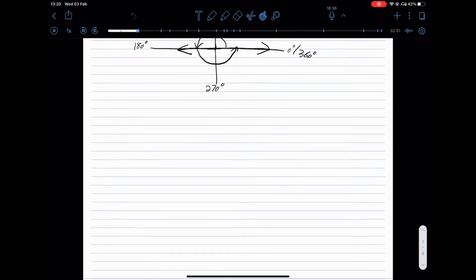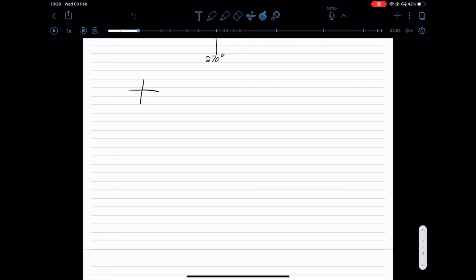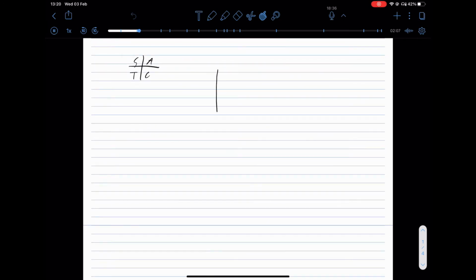With this in mind, and using our handy CAST diagram, we can use this diagram to find trig reductions. So we know that this will be 360 or 0, but I'm going to write 360 for reasons you'll see in a moment. 90 degrees here, 180 degrees here, 270 degrees here. You can see it goes up in 90-degree increments.